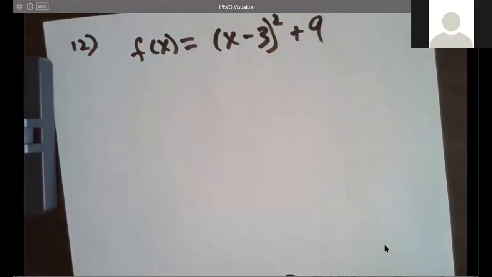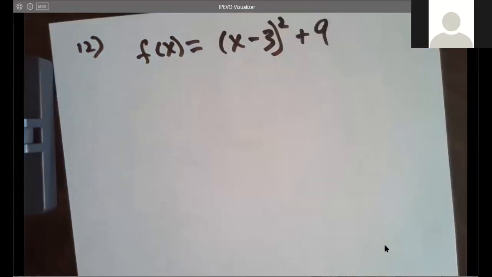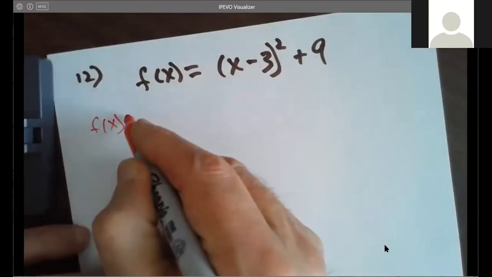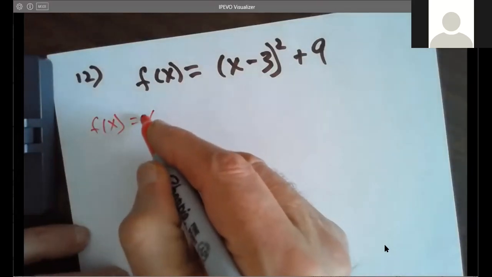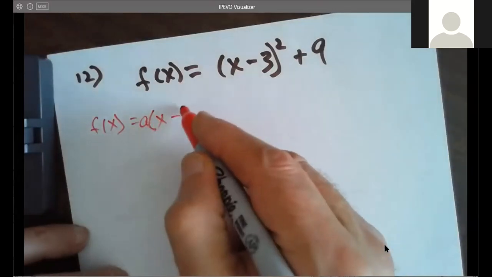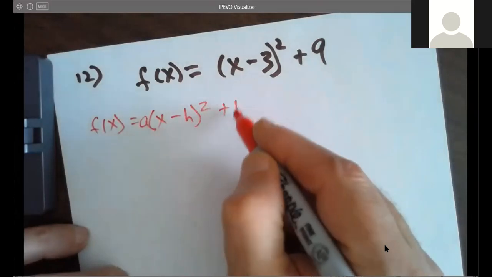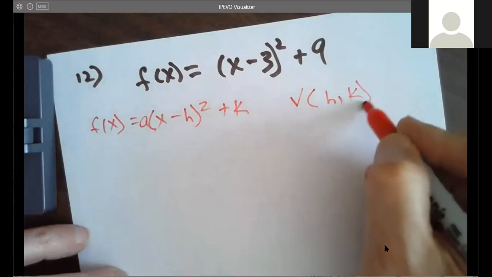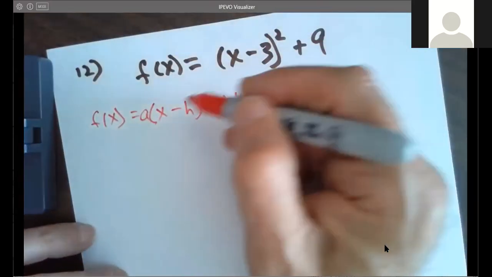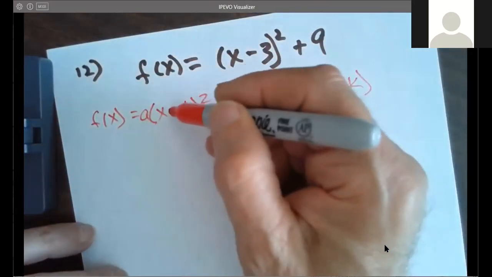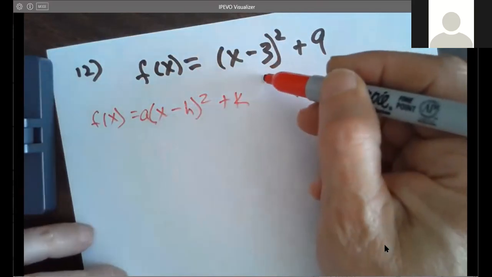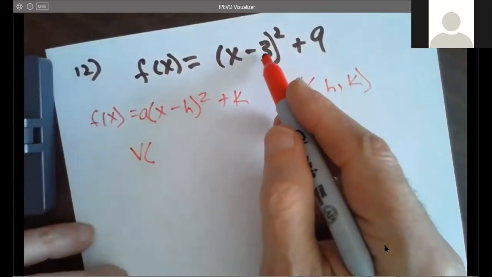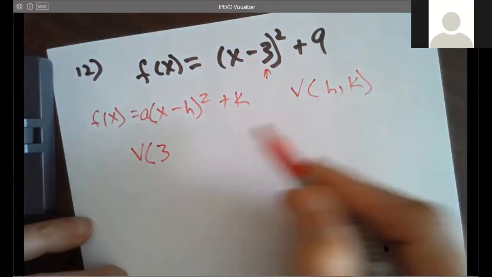So it helps to look at our original equation of f of x equals a times (x minus h) squared plus k, where the vertex is (h, k). So the h is going to be the number that's inside the parentheses with x. So in this case, the vertex is going to be, because this moved right 3, positive 3.